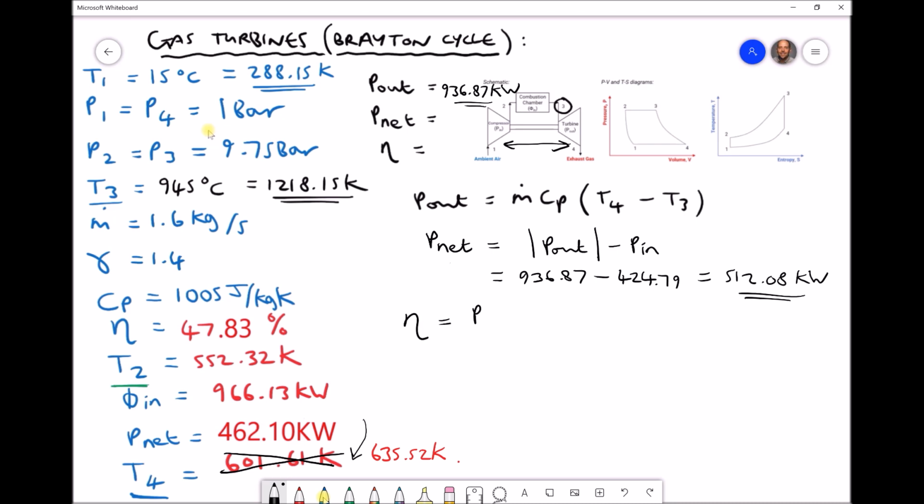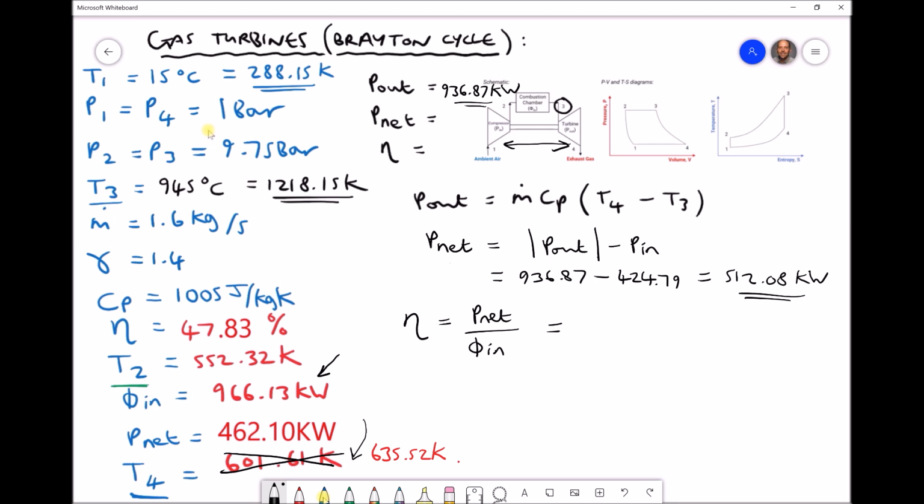And we know that efficiency is net power output divided by P input. What we're basically saying here is how much of the heat energy input can we convert to useful power output. Now once again, we previously calculated the heat input as 966.13, and the heat input's going to remain unchanged. The reason behind this is because the mass flow rate of fuel and the rate at which the fuel's being combusted is the same, therefore the rate that energy is being released by that combustible fuel is also staying the same.